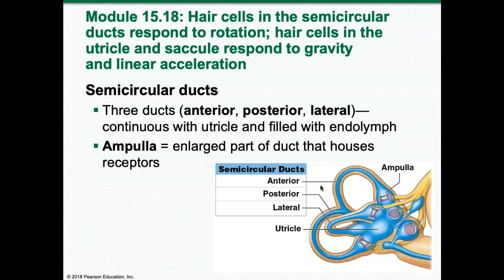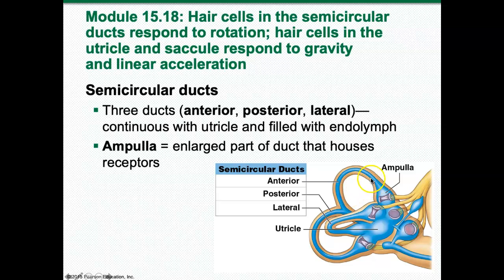So we'll see hair cells. Hair cells in the semicircular ducts respond to rotation. Hair cells in the utricle and saccule respond to gravity and linear acceleration. We don't need to worry about the three ducts. Really, this whole thing is just the semicircular canals.